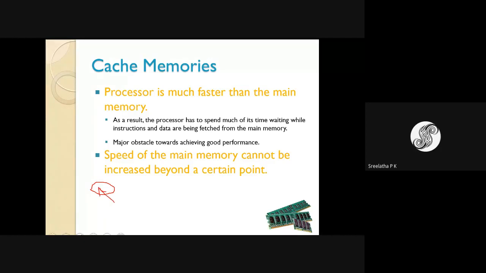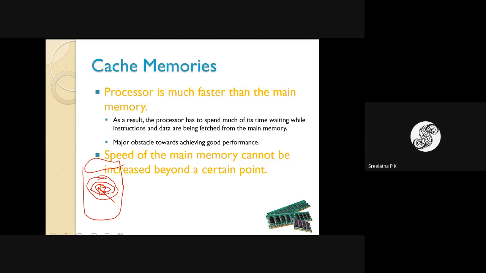This read write head has to move to different tracks of the disk so that data can be read from that particular track. So much time is taken by the head movement, and hence the data is copied to primary memory.